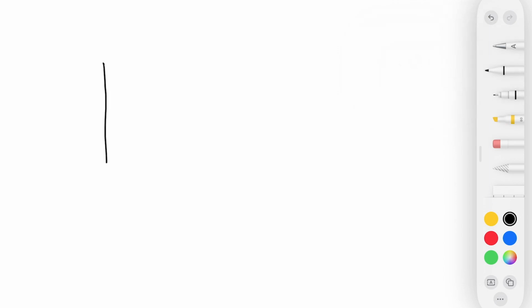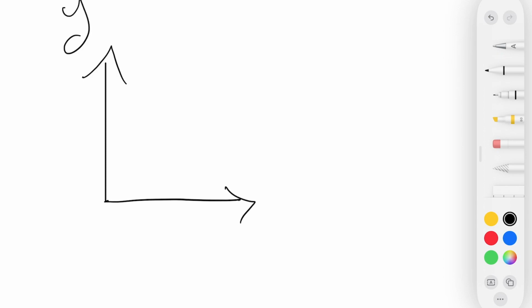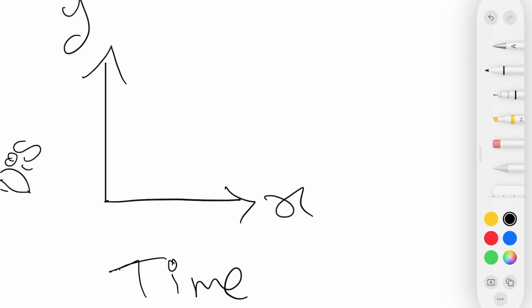Next graph that we have is this. I'll show you. This is the y axis, this is the x axis. This is the time. Here is the distance, right? So here a line here. Perfect.